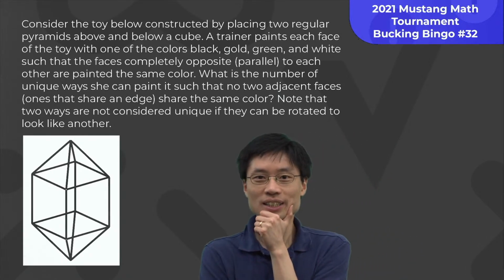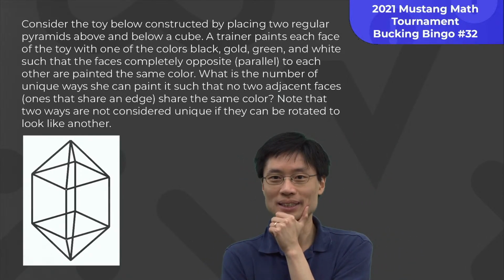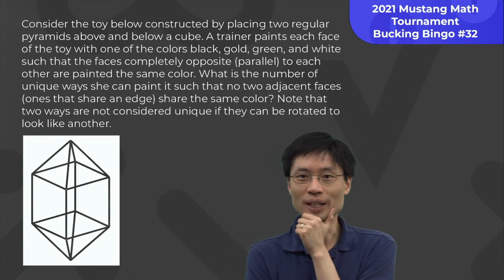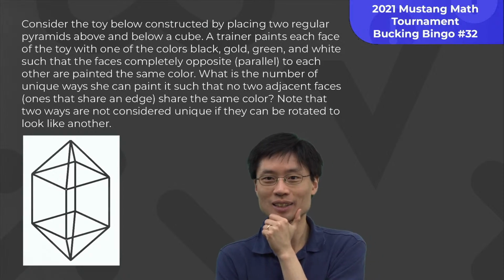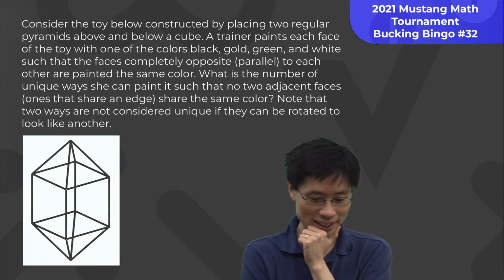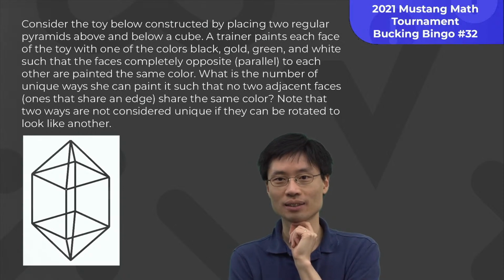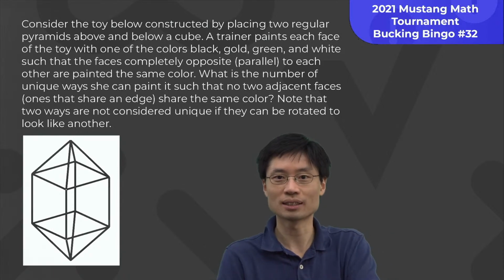Question 32. Consider the toy below constructed by placing two regular pyramids above and below a cube. A trainer paints each face of the toy with one of the colors black, gold, green, and white, such that the faces completely opposite, parallel to each other, are painted the same color.